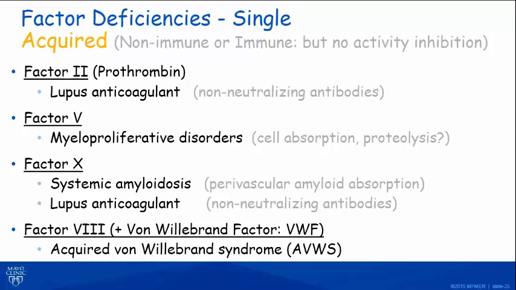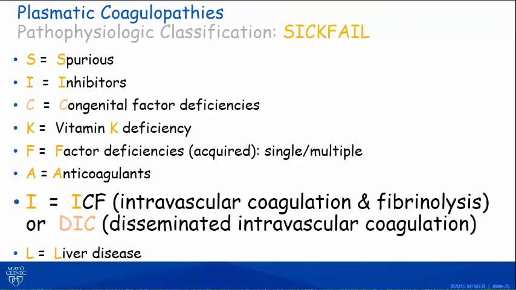Factor 10 is also low by itself usually, but sometimes with other factors, with amyloidosis because of its absorption. Factor 5 can be mildly low in some kinds of myeloproliferative disorders, and then acquired von Willebrand syndrome, decreased VWF, and secondary loss of factor 8, which may be picked up in the PTT test.